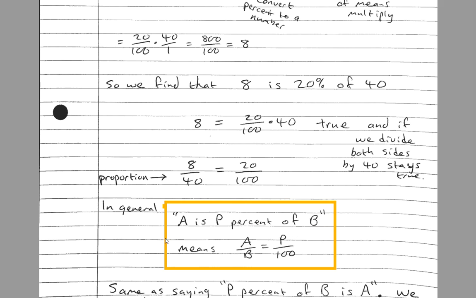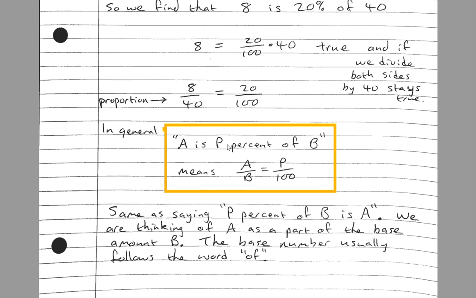In general, if you say A is P% of B, then that's equivalent to the proportion A over B is equal to P over 100. We just had this with A equals 8, P equals 20, and B equals 40, but it works in general.